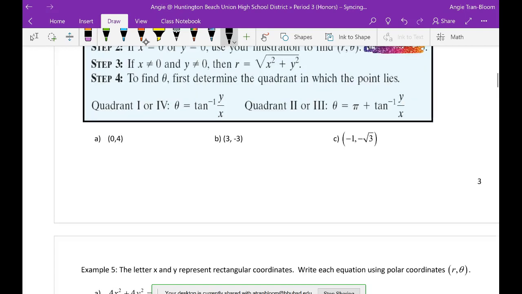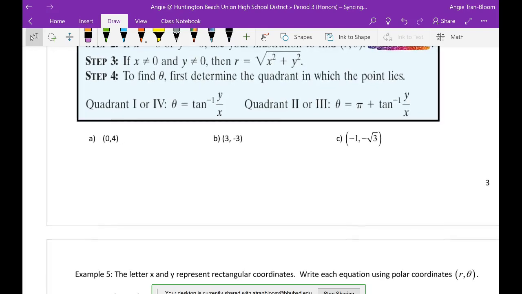It said to draw a figure, so let's draw it out. Here's a rectangular point. Okay, this is now old school, like algebra 1. How do I plot a point in algebra 1? Up 4. How do you move 0? You don't. All right, up 4. Here's your algebra 1 dot.